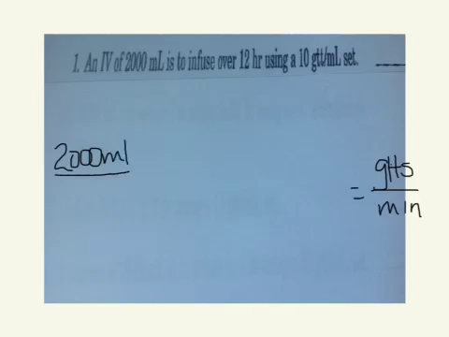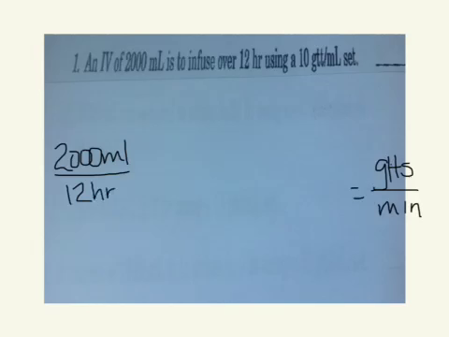So it's going to be drops per minute. And so I'm going to put that at the end of the equation because that's what you're going to end up with. Okay, so you're going to have 2,000 milliliters, and so that's the volume, and you're going to give it over 12 hours.